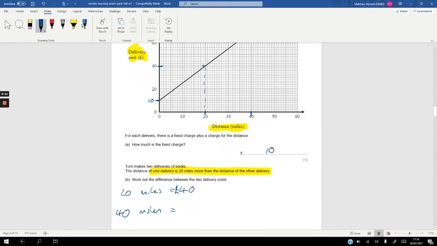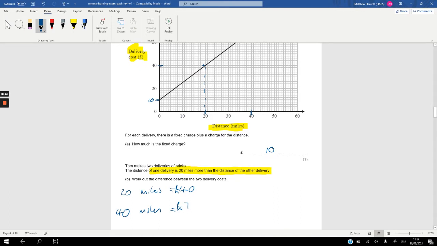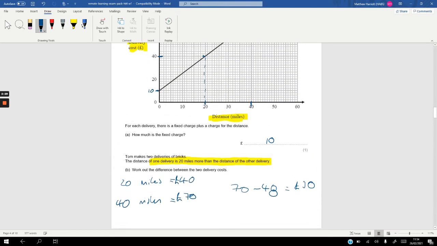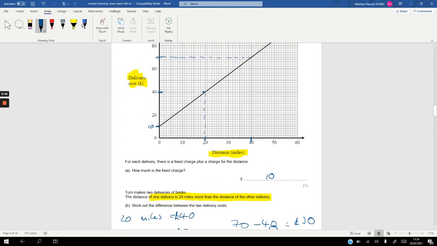So that's £70. I want to take the difference between them. £30. Okay, easy as that. Oh, that's strange. Okay, £30 is the answer for that one.